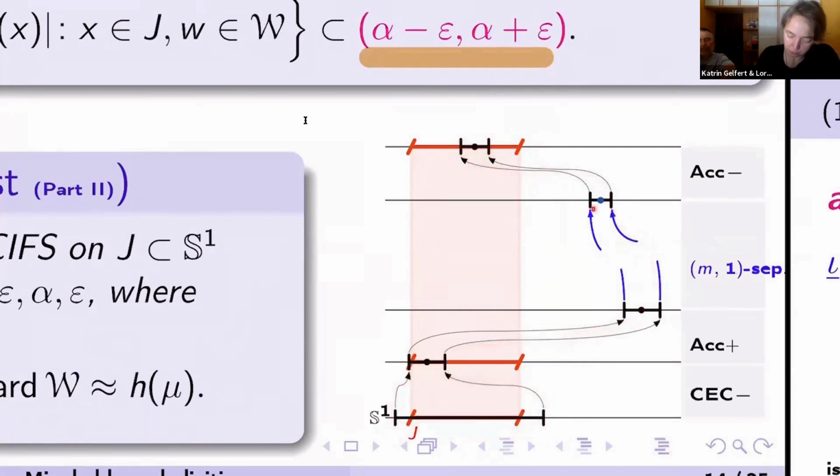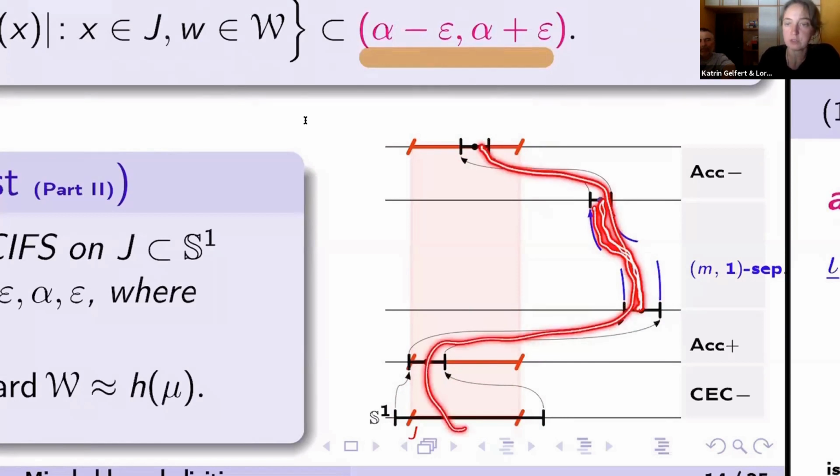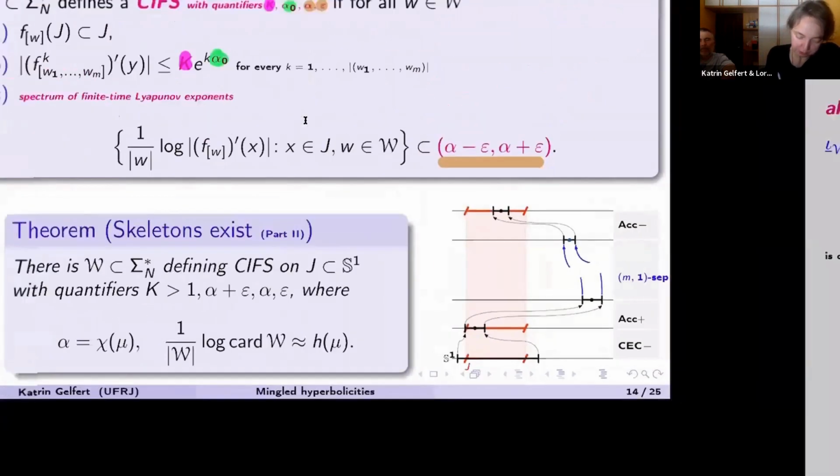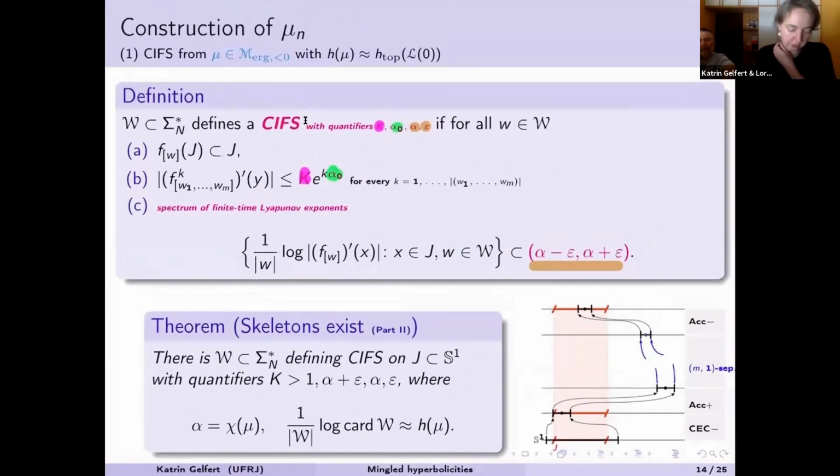And because you choose here very long stretches which represent your measure which is contracting in the fibers, this entire trajectory will be contracting and give rise to a contracting iterated function system. Okay, so such a family of words exists that defines these contracting iterated function systems.